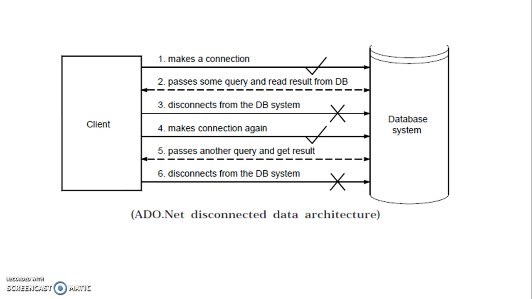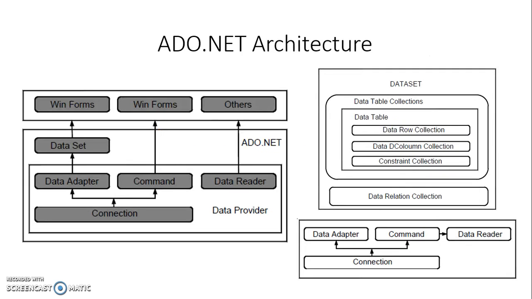To implement such architecture and to use ADO.NET, various classes have been provided. So this is the architecture; we'll see the classes one by one. We have a connection where you can establish your connection: your data connection strings, your database path, authentications, everything will be there. Then we have a command using which you can pass the queries, right?